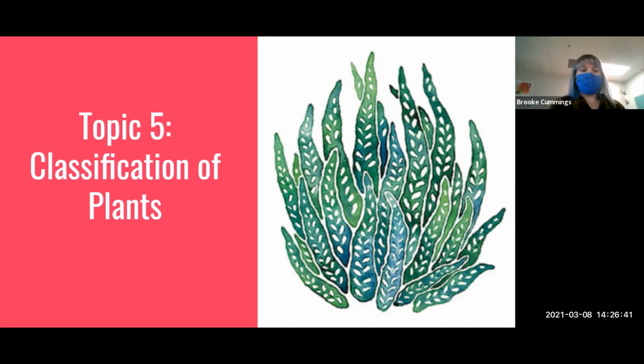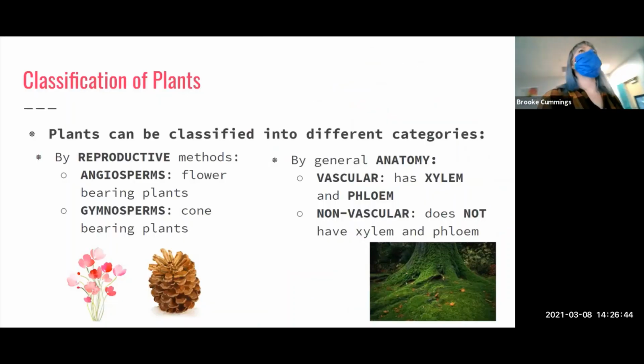Okay, classification, last section. Okay, so we have two different categories of classification. One of them is going to be general anatomy. So we talked about vascular plants, right? Xylem and phloem. That allows plants to get tall because they have the ability to transfer water up to a taller plant, and they have the ability to bring nutrients down from the tall leaves of a tall plant.